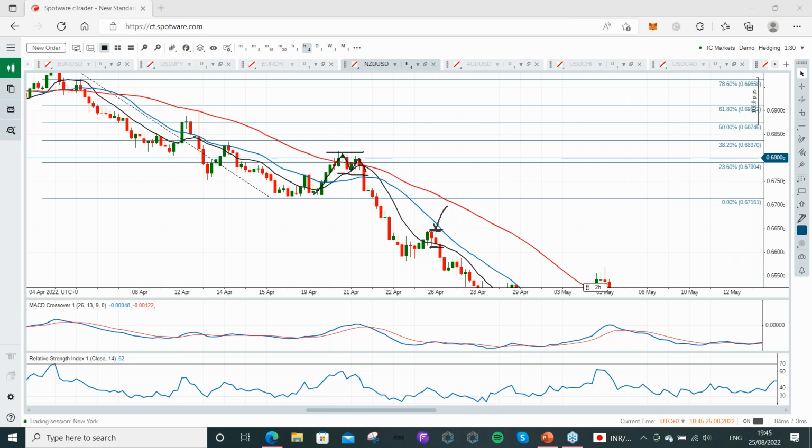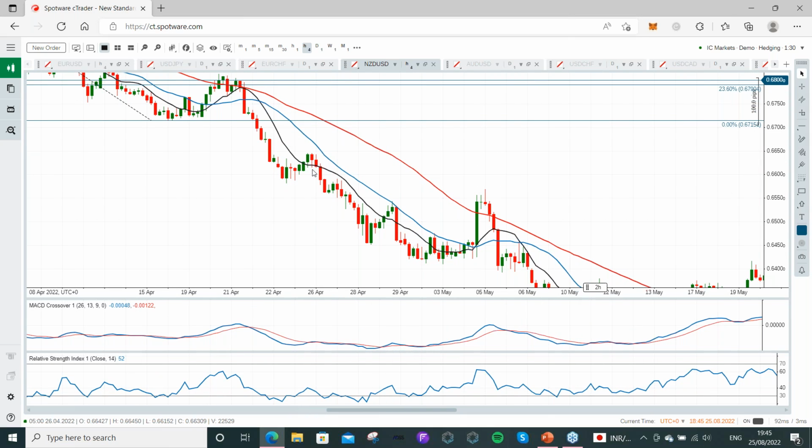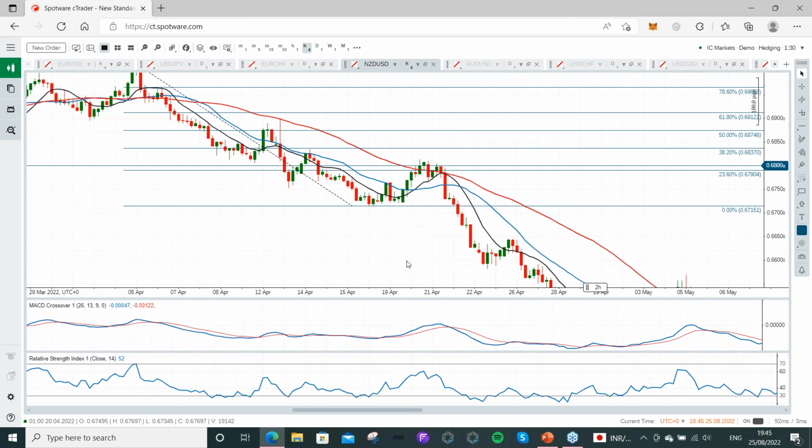So that subsequent move can give you quite a decent reward to risk potentially. So looking at that, you could easily get a 4 to 1 reward to risk just in that small period of time there as price moves. So that's another way to use it.